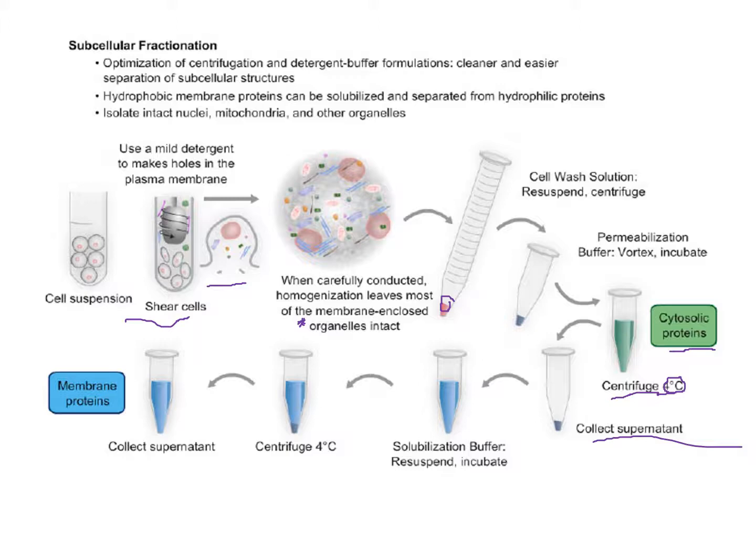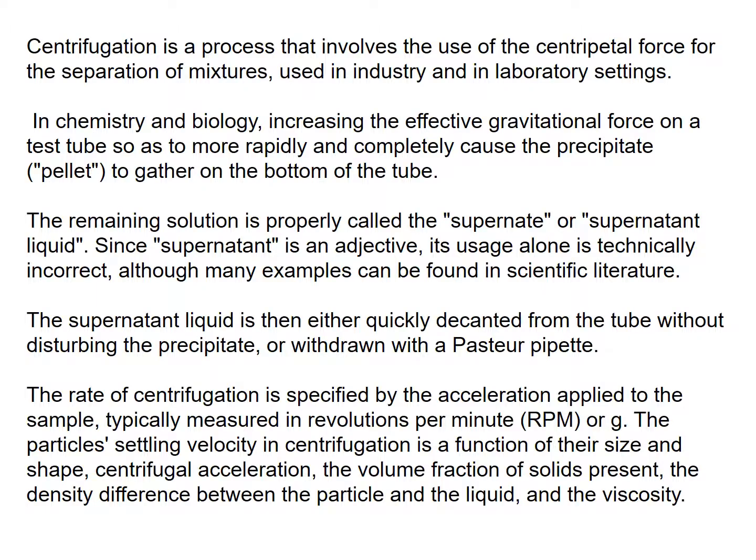We can resuspend this pellet of cytoplasmic proteins, and eventually we can get membrane proteins out of these total cytosolics. There are hydrophilic and hydrophobic proteins, and the hydrophobic ones will be in the membrane, so we can isolate membrane proteins here. This is at the protein level, but we probably start first with isolating the organelles, but you can go further, and we will talk about protein fractionation.